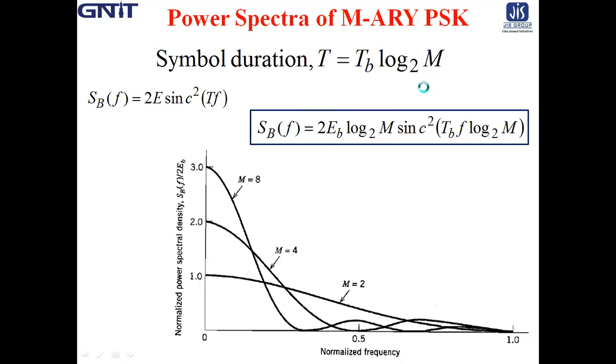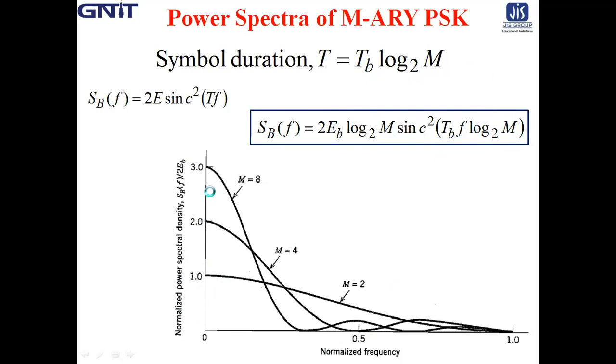Proceeding in a manner similar to that described for a QPSK signal, we may show that the baseband power spectral density of an M-ary PSK signal is given by 2E sinc²(fT), which is 2Eb log2 M sinc²(Tb f log2 M), applying T = Tb log2 M. So by this expression, you can easily draw the spectrum of M-ary PSK.